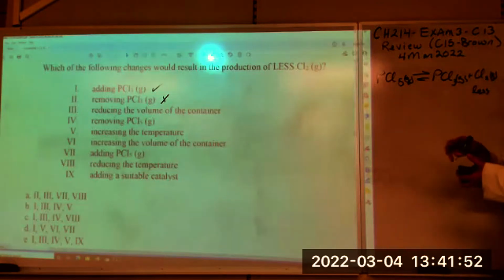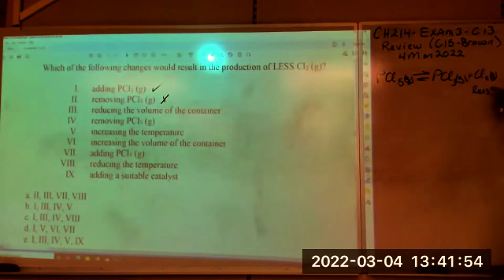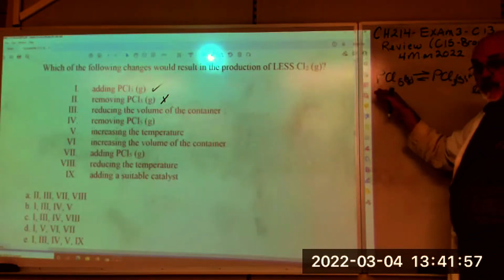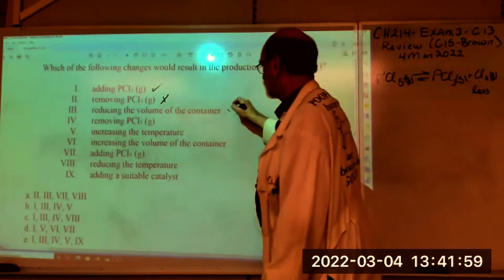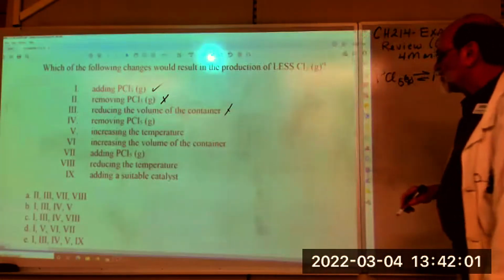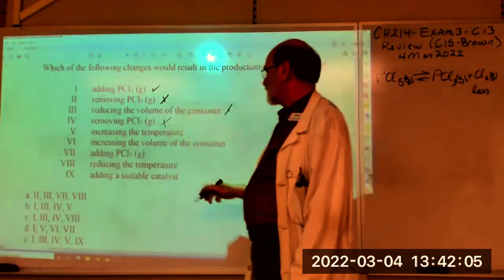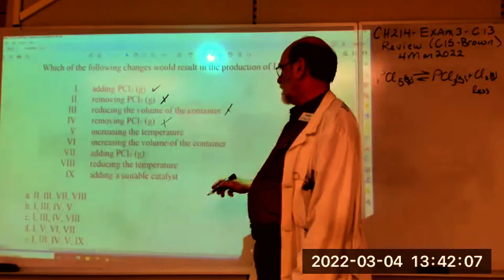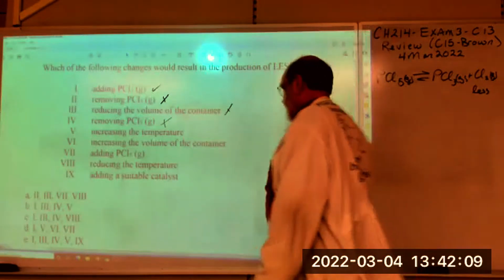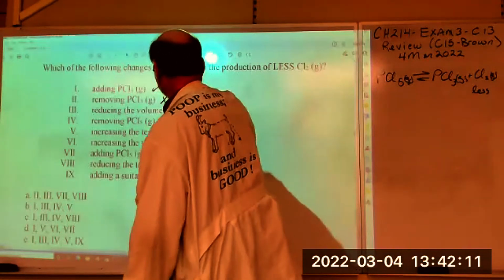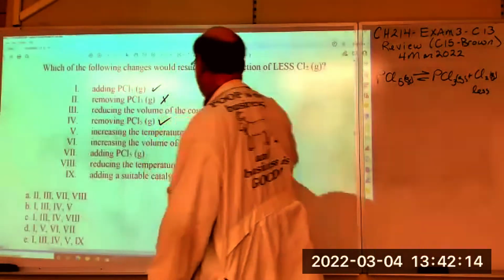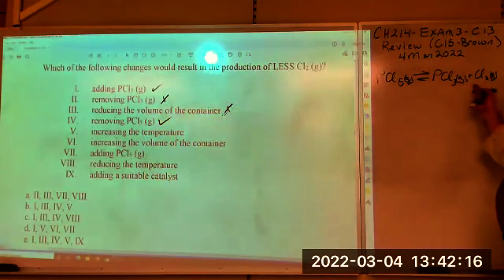If we reduce the volume and increase the pressure, it's going to shift this way. It's going to go from 2 to 1. So that was not it. Removing PCl5. Nope, that shifts the wrong direction and consumes. Oh, wait a minute. Less, yes, that one is true. If you remove this, it makes less of that.